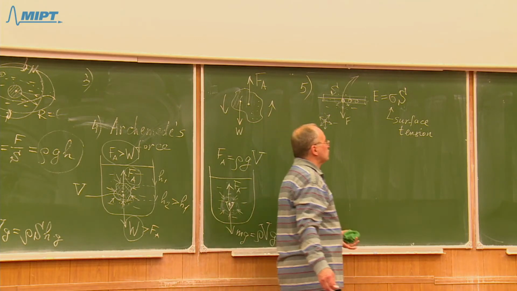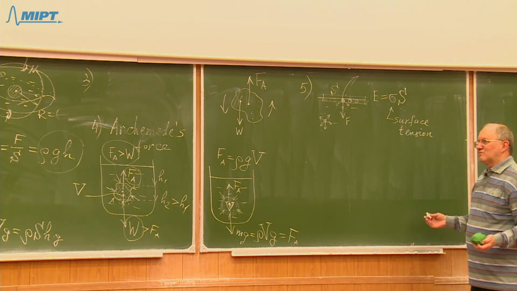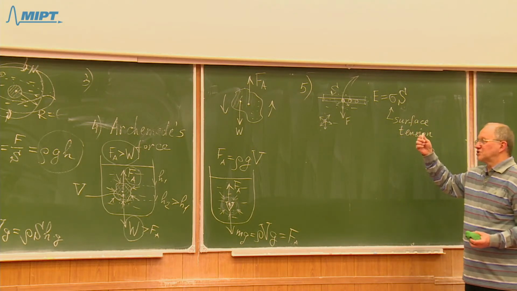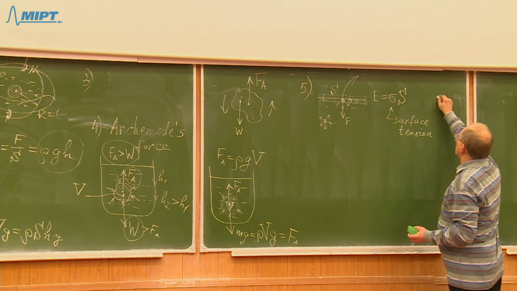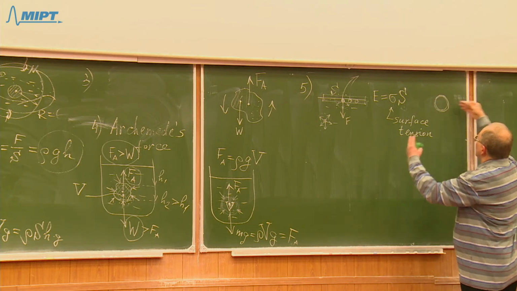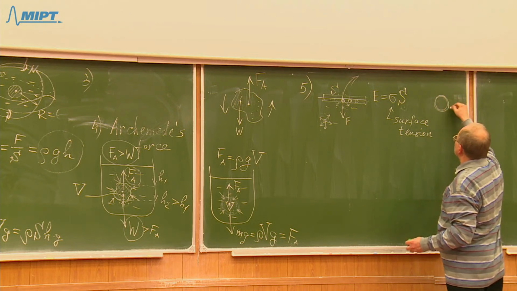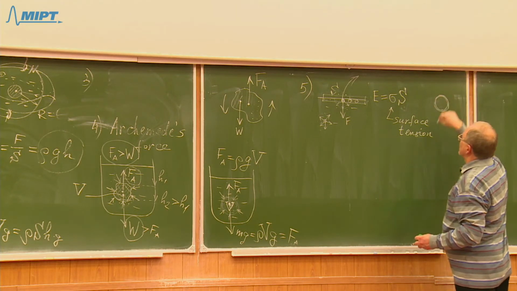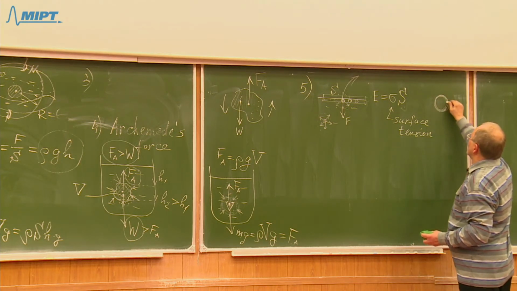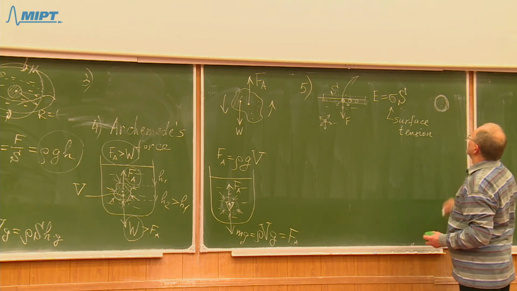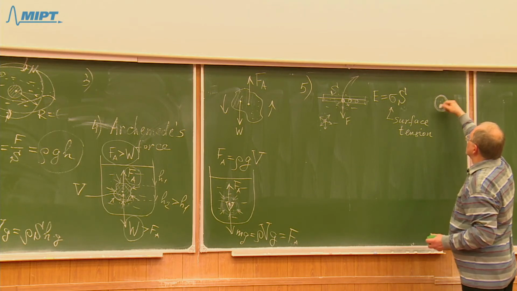For example, if you take a droplet of liquid in a state of weightlessness somewhere on the International Space Station, it will always be of spherical form because the surface tension will tend to minimize the area of the surface, and the minimum surface area of a given volume of liquid will be achieved when the liquid has the spherical form.